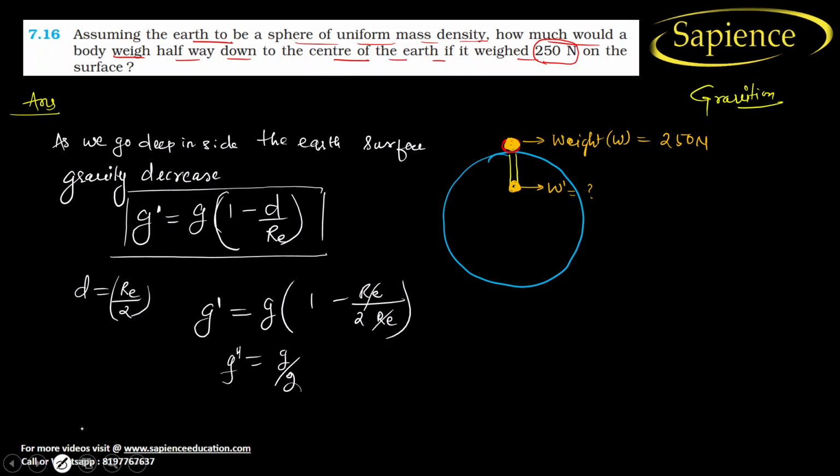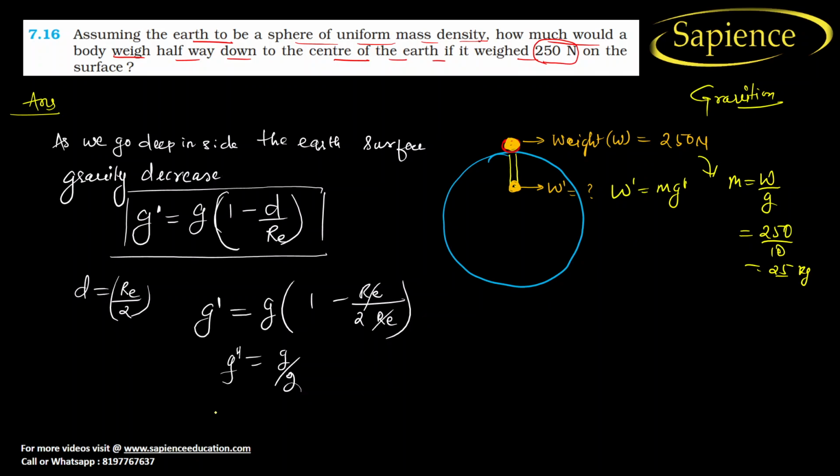Now what is the weight at this point? Weight W dash is equal to m into g dash. Mass is equal to weight by gravity, so 250 divided by 10, which is approximately 25 kg.